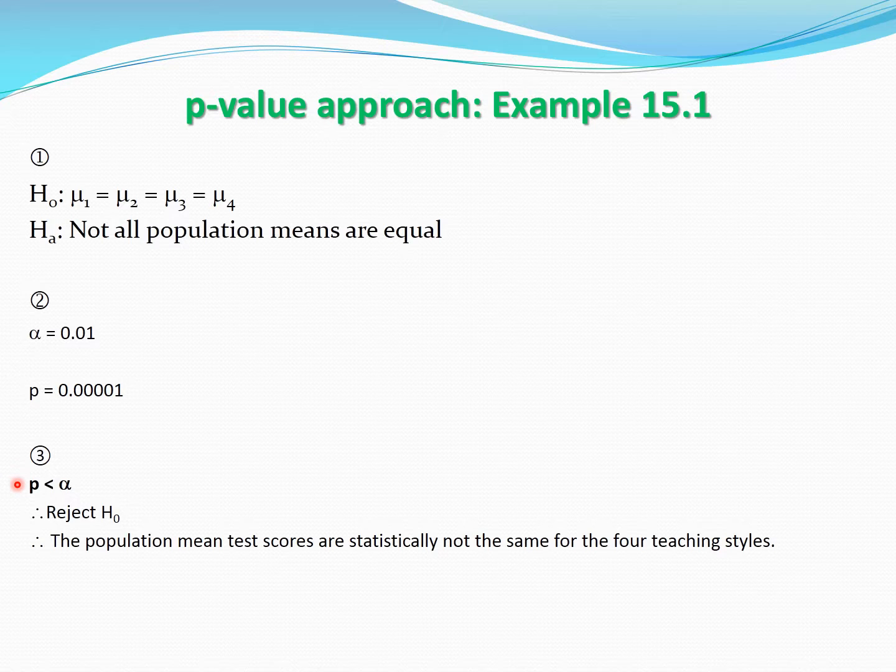If we compare that p-value to your significance level in step 2, then we can see that our p-value will definitely be less than our significance level. So we can reject the null hypothesis. So you will be able to draw the same conclusion as we did in the F-test.